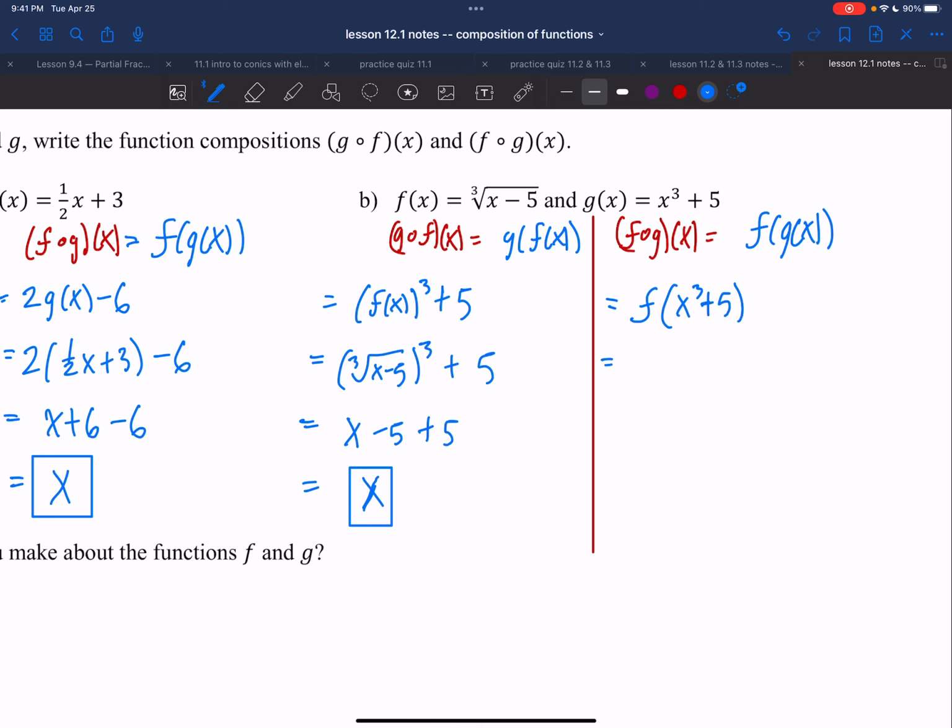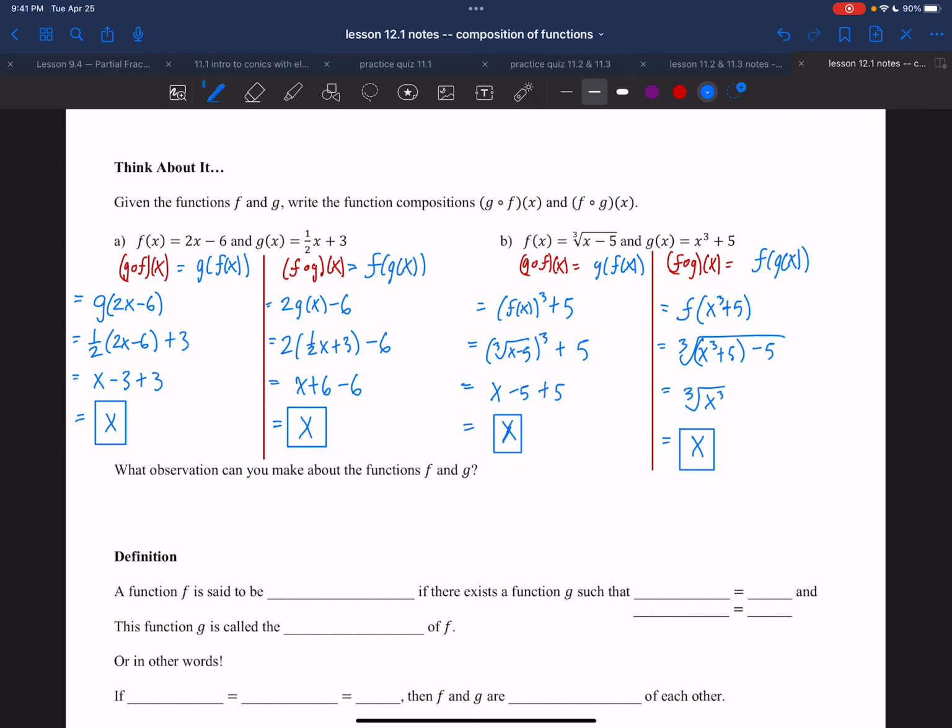So then it's cube root of, the input is x cubed plus 5, then minus 5. So x cubed plus 5 minus 5, well, that's just cube root of x cubed, because the 5's cancel. And that's just x.